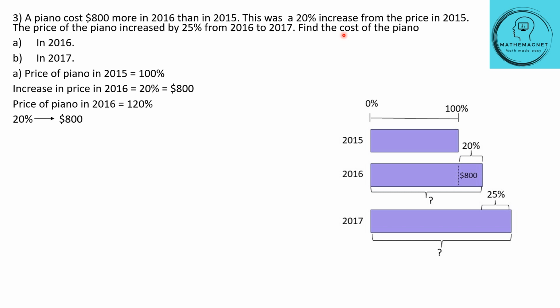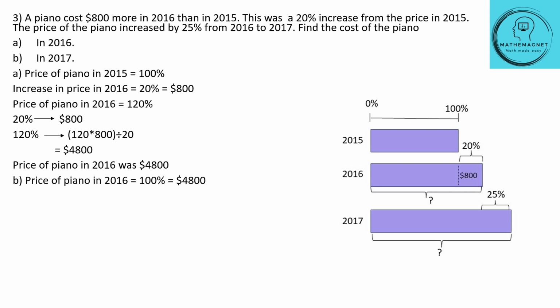So how much is 100%? 120%, basically 100 plus 20 becomes 120% in 2016. So to find the cost of the piano in 2016, we will have to calculate how much it is for 120%. So 120% will be 120 into 100 divided by 20, which is equal to $4,800. That will be the cost of the piano in 2016.